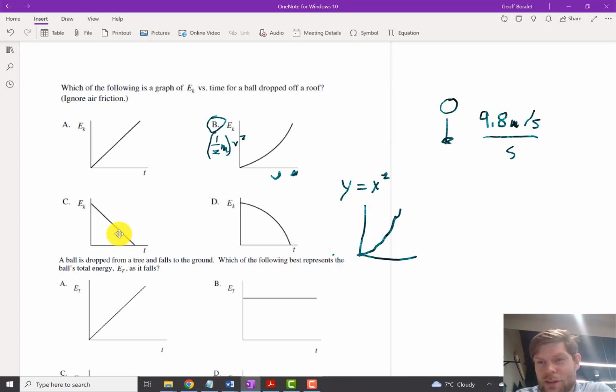Because time is equal to your velocity divided by 9.8, it's really just a scaled version of velocity. And EK is a scaled version of v squared.